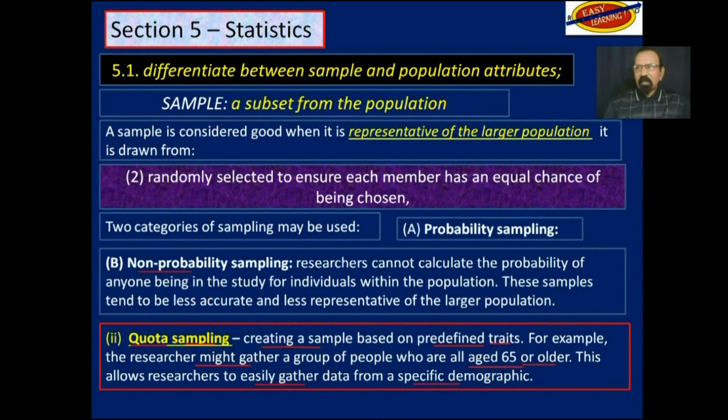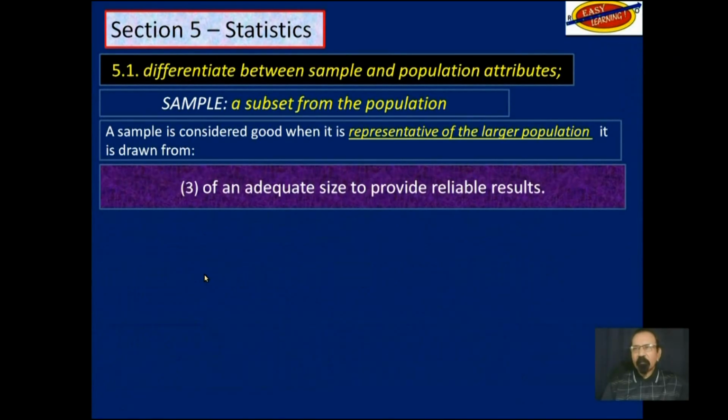And I think that should suffice for random sampling. We looked at probability and non-probability. Which one you choose would depend on how much time and how much money you have. My estimation, the best one is stratified sampling. Now, one more sample attribute that we need to look at is the size of the sample.